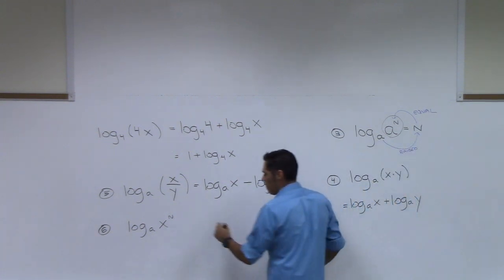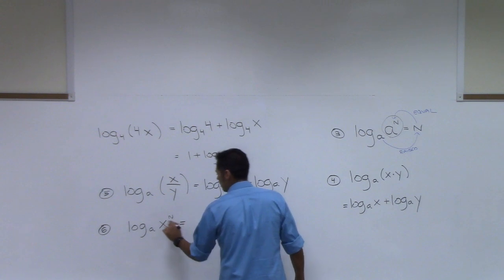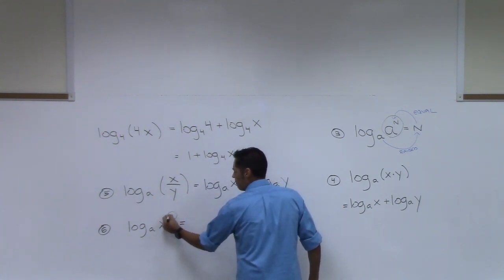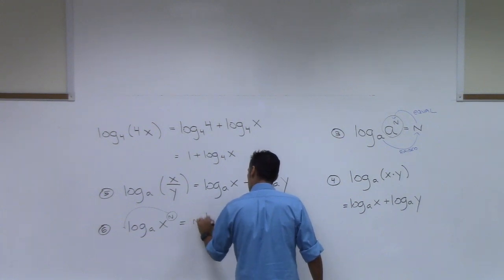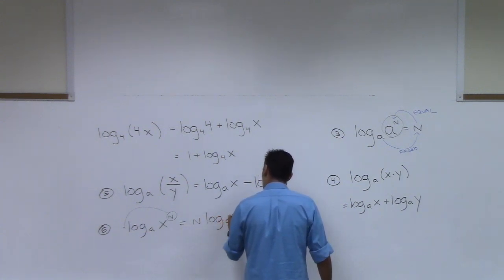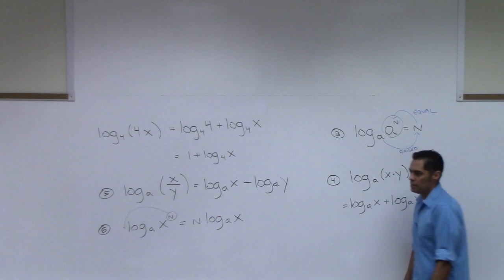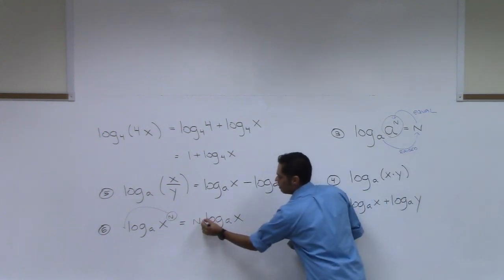However, there is something you can do with this, and that is, you see this power here? You can drop it out to the front. Watch, n log base a of x. That's what that is, and that's multiplication in the front.